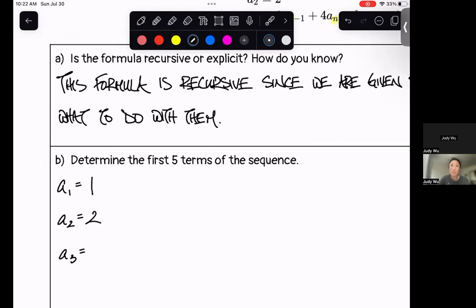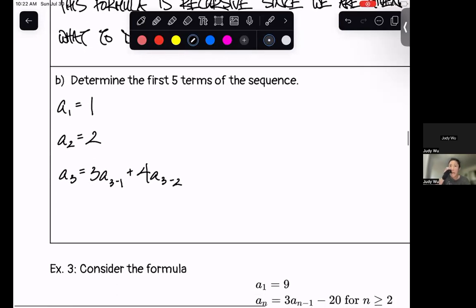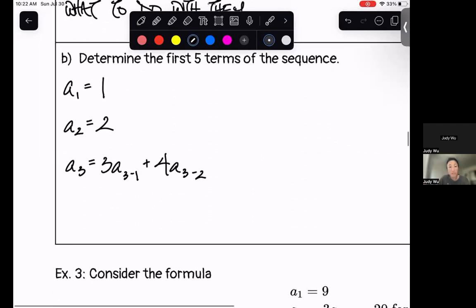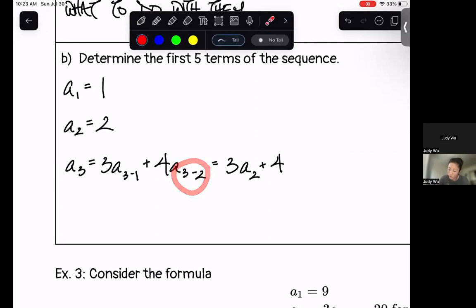So A sub n equals 3 A sub 3 minus 1 plus 4 A sub 3 minus 2, okay? Now, here's how we simplify from here, okay? We get 3 A sub 2 plus, and let's see, 3 minus 2 is 1, so 4 A sub 1.